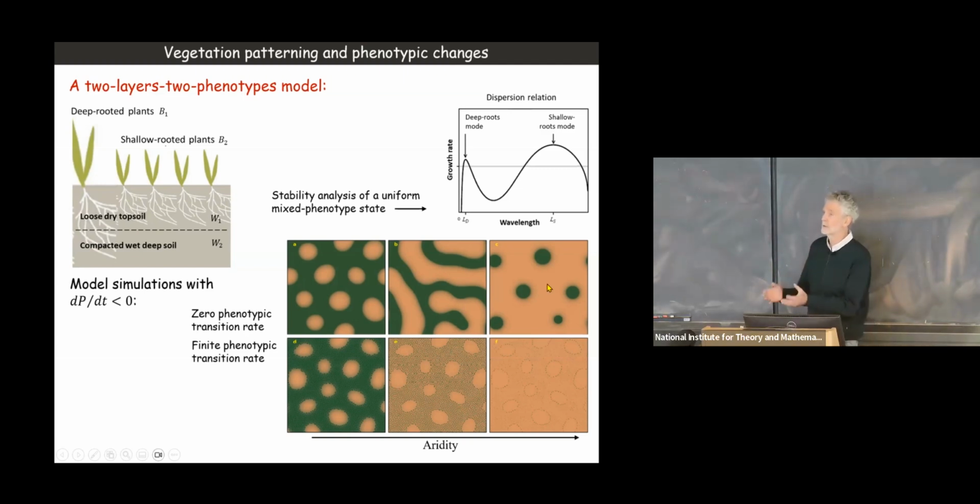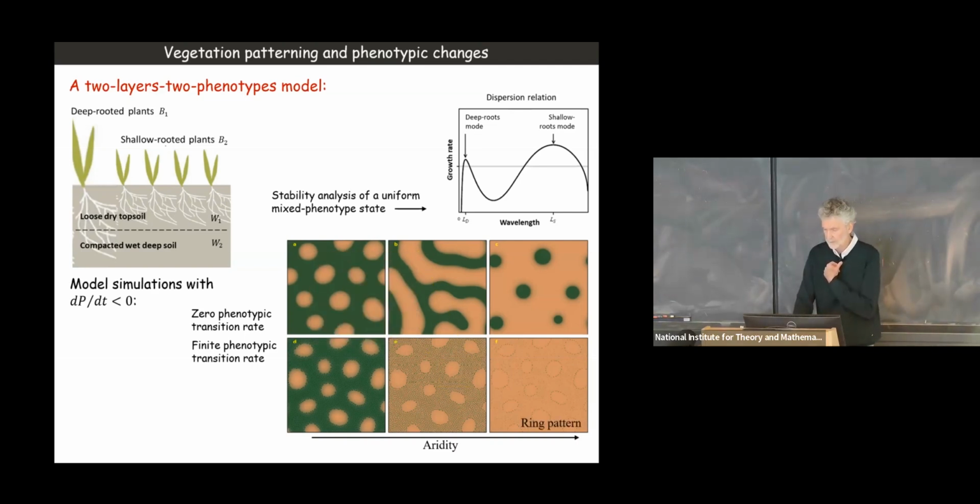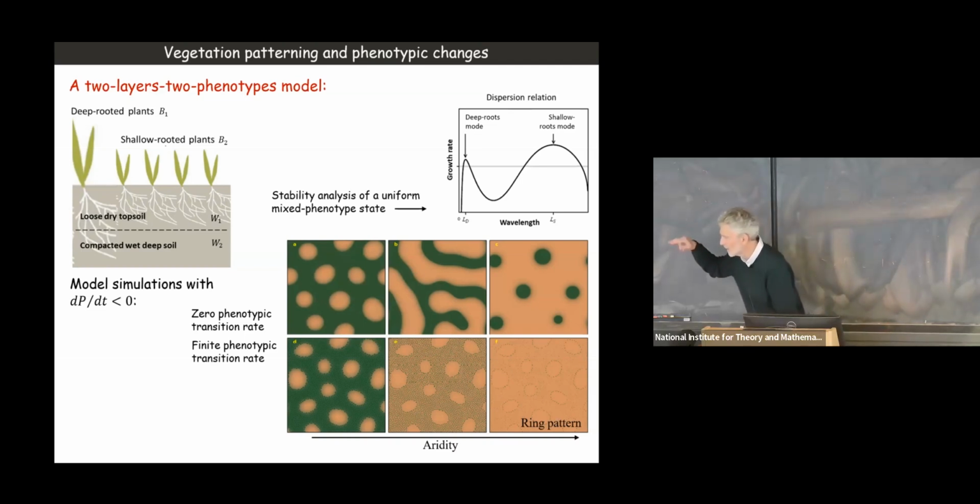But when we switch on the transition rate from shallow-rooted plants to deep-rooted plants, we can get this behavior: gap patterns, but then multiscale gap patterns, the small-scale patterning, and then at yet lower precipitation, we get ring-like patterns.